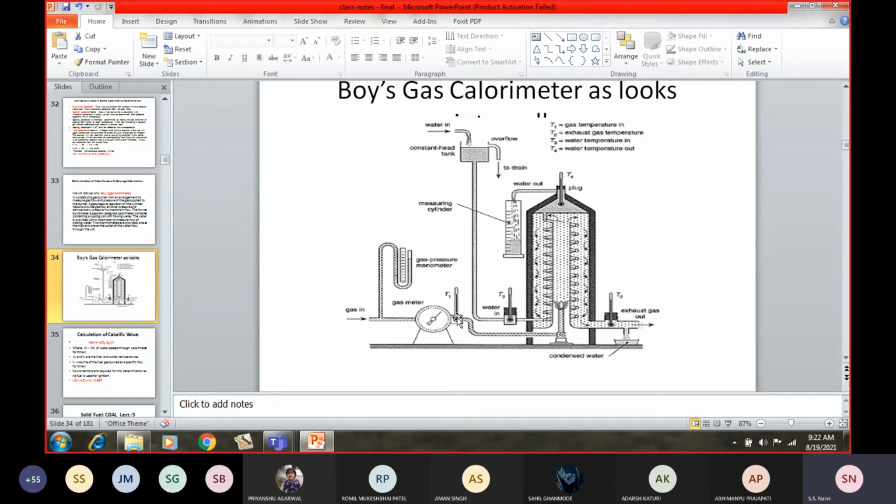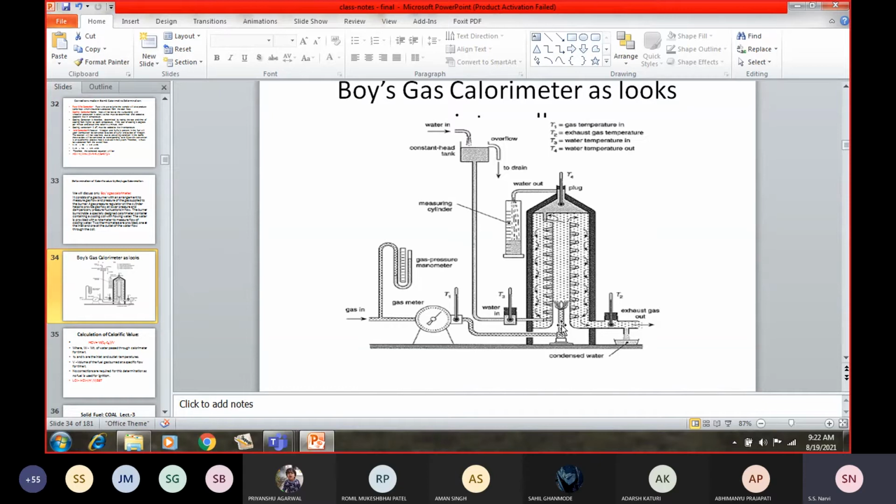We keep the flow of gas constant. We keep the flow of inlet water constant. We'll burn this gas. We'll light it with the lighter, so there is no need of a fuse wire. I will come to the point that those corrections are not required.